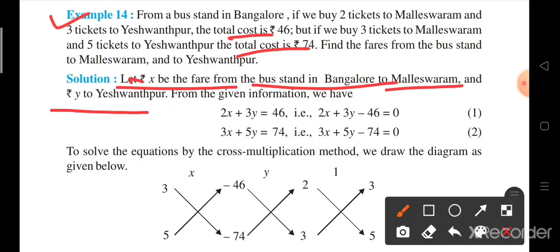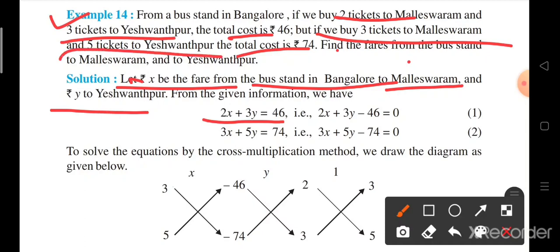Then 2 tickets means 2x, 3 tickets means 3y, and adding them gives a cost of 46 rupees. On the other hand, 3 tickets 3x and 5 tickets 5y cost 74 rupees.